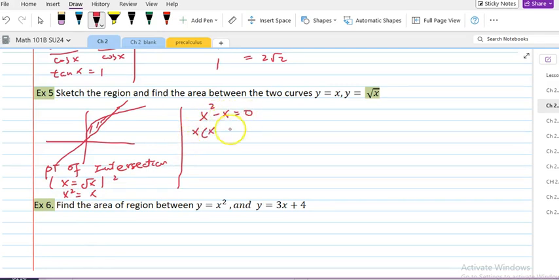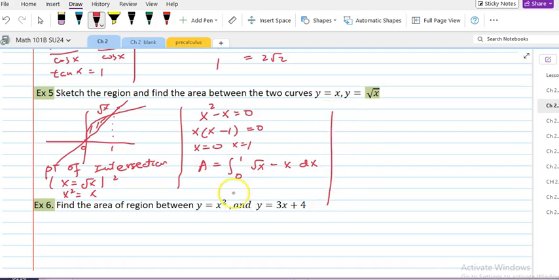Factor x out: x times x minus 1 equals 0. X is 0, x is equal to 1. So this is actually 1, which makes sense because the square root of 1 is 1. Y is equal to 1, and this is 0. So this is the point of intersection. So my area would be, what's the top one? The top one is root x. So it would be the integral from 0 to 1 of root x minus x dx.